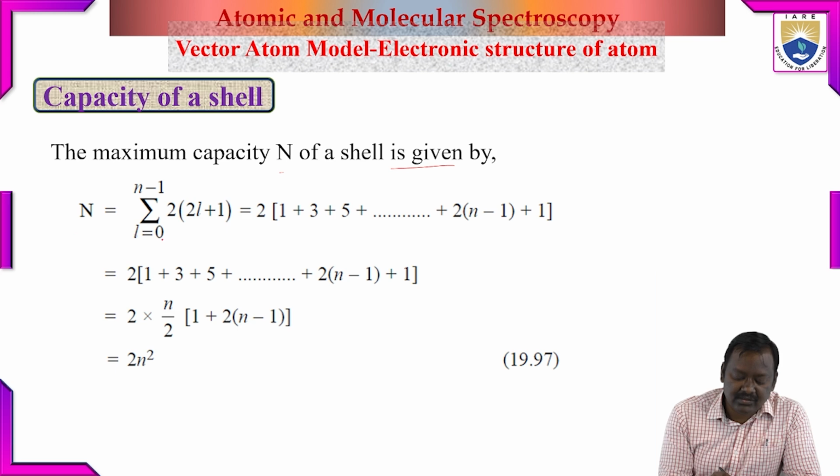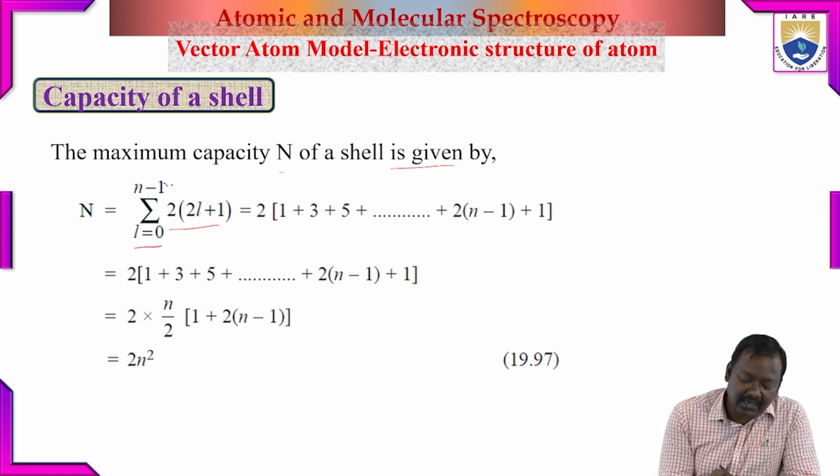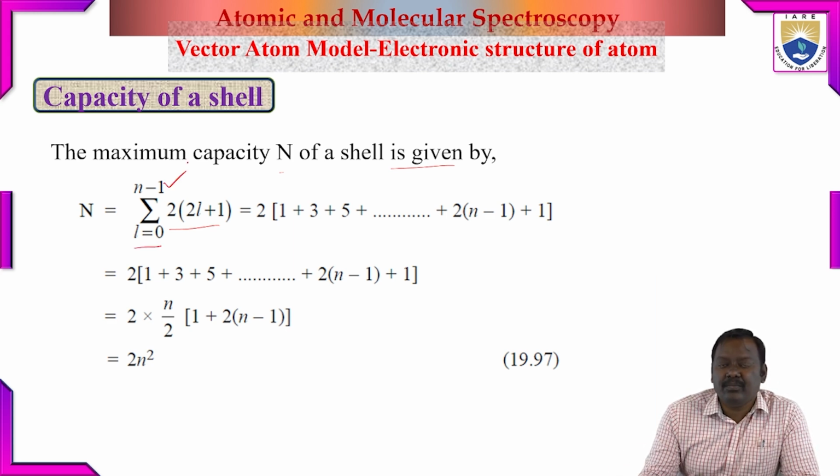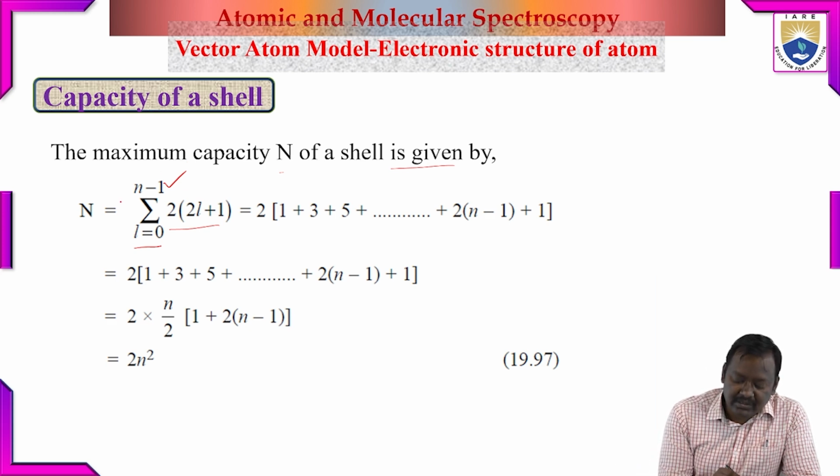If there is a shell having principal quantum number n, the subshells have values of l from 0 to n minus 1. There are 2l plus 1 orbitals in each subshell, and we can fill 2 electrons in each orbital, that means 2 into 2l plus 1 in each subshell.